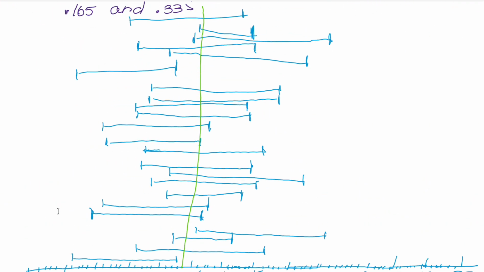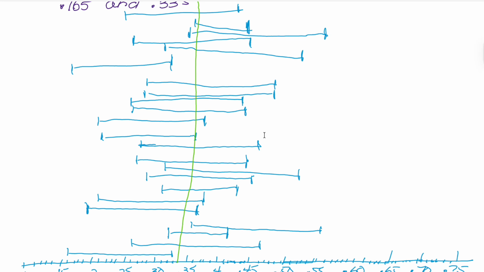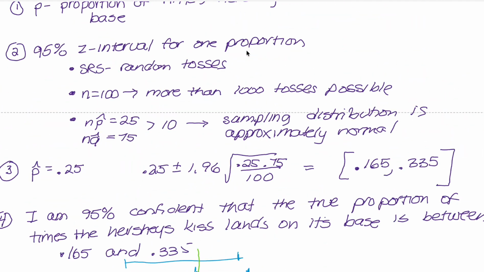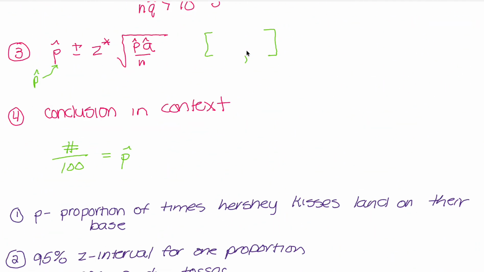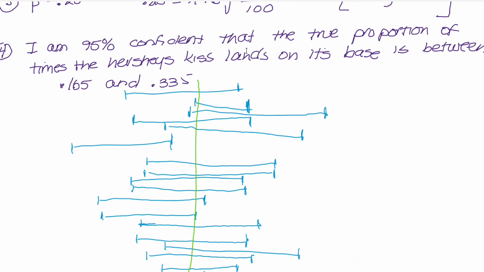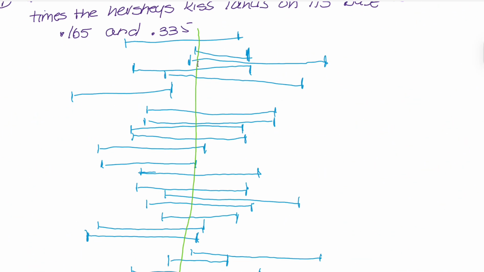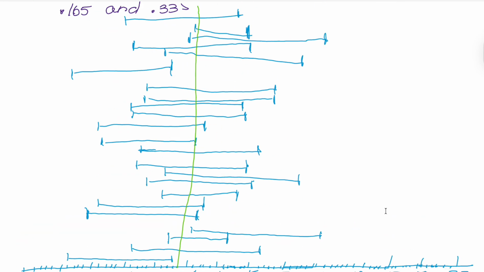And then I drew a graph right here, a rough sketch of the graph. This shows that in class we collect every student's sample. So in reality they all build a z interval for their data, and I collect all of their z intervals and draw them on a line right here.